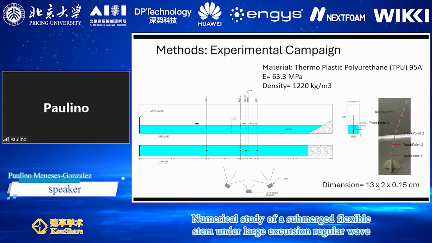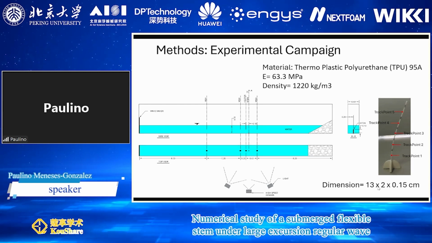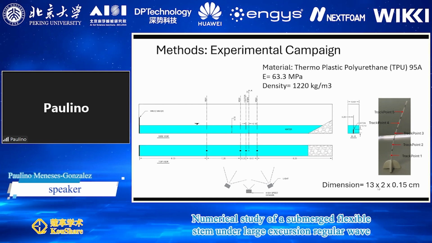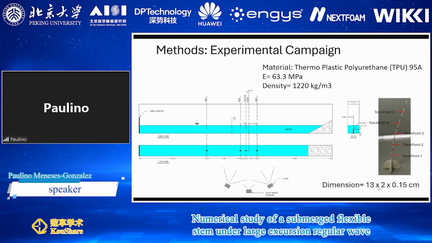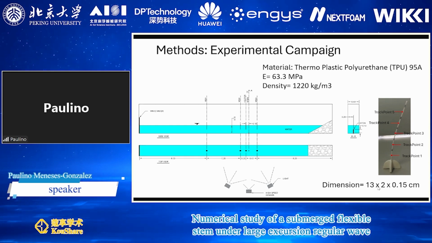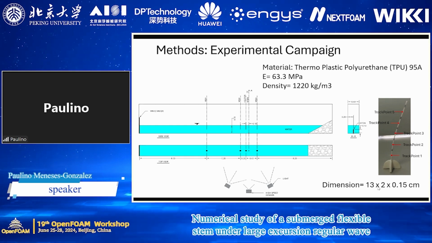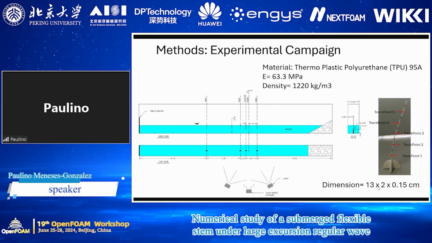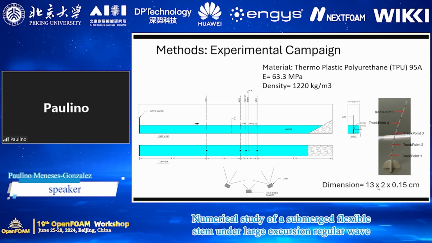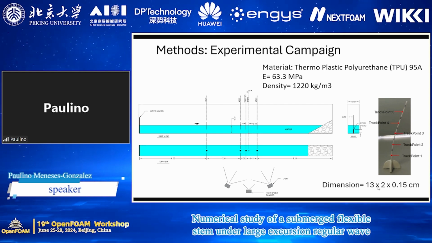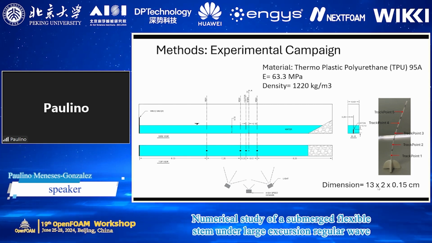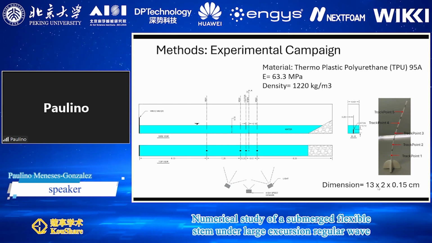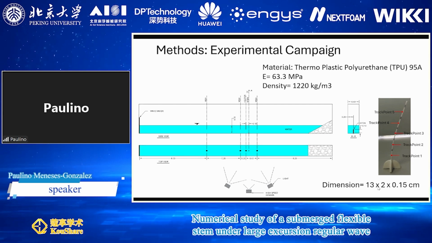When I submitted the abstract, I had some preliminary results. But now, after some months, we have already carried out some experimental campaigns in the wave flume at UNAM. I decided to show a little bit more, not the full campaign, just two cases. We ran 6 wave conditions, and I'm going to show just two.